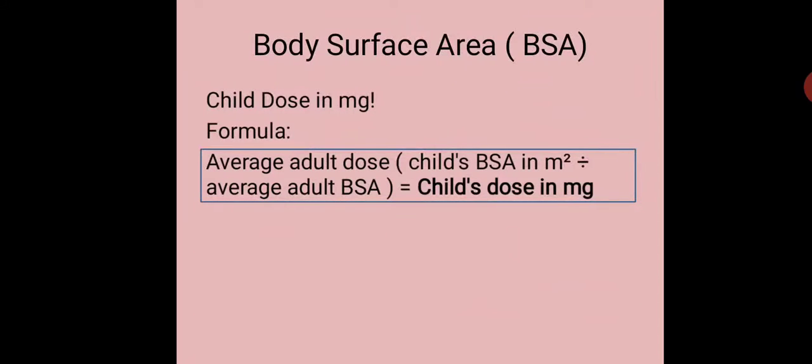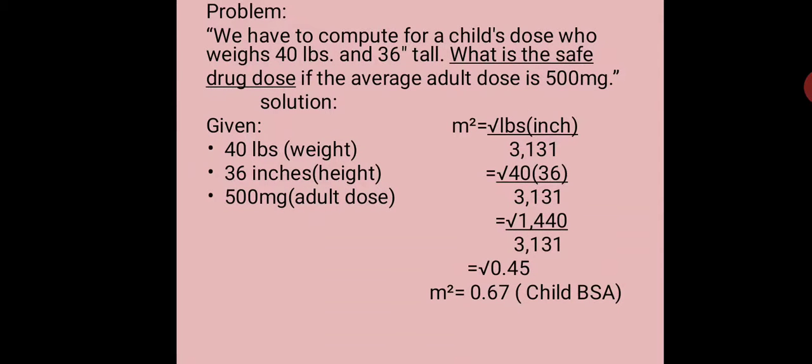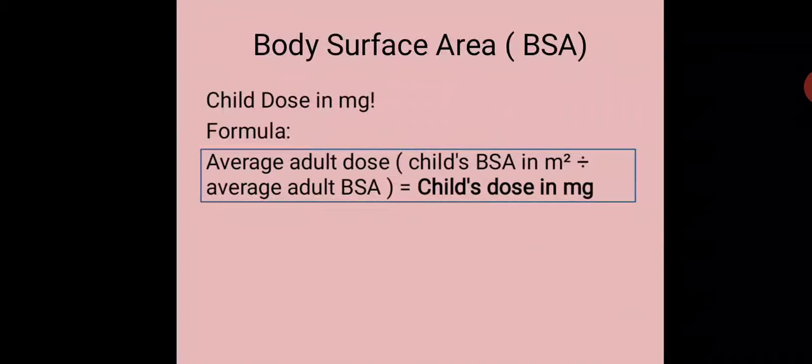To get the child dose in milligrams using the BSA, we have a formula: average adult dose times the child BSA in meters squared divided by the average adult BSA. Those are the only values needed from the problem.